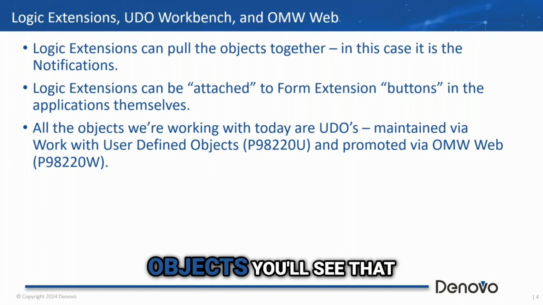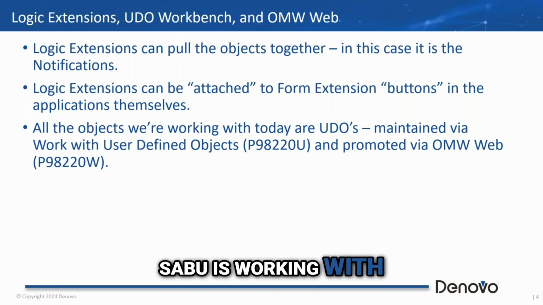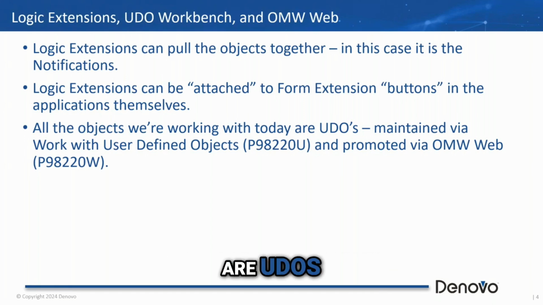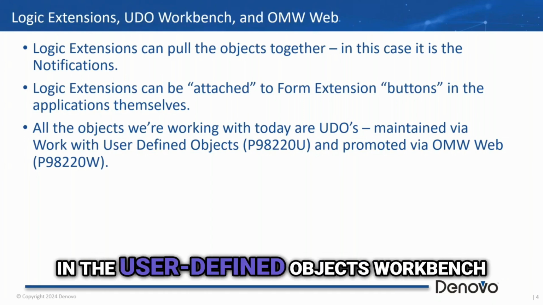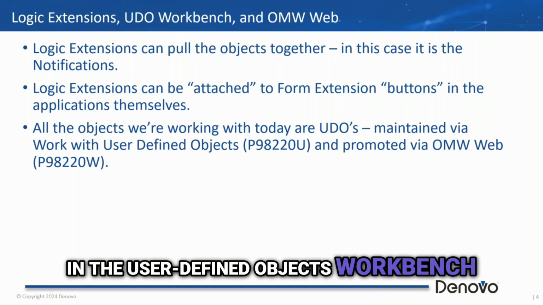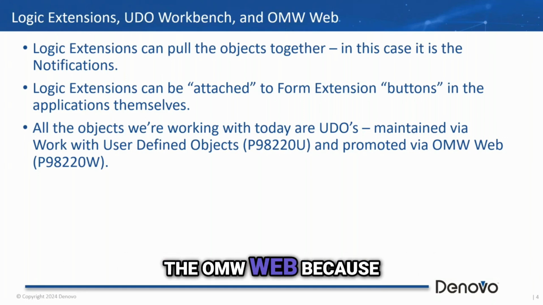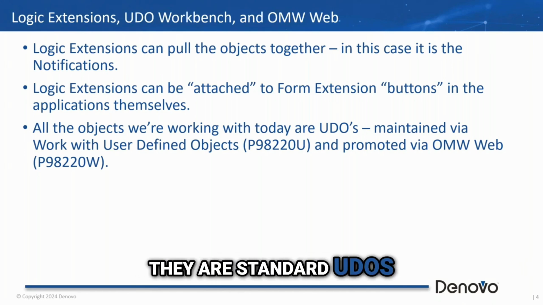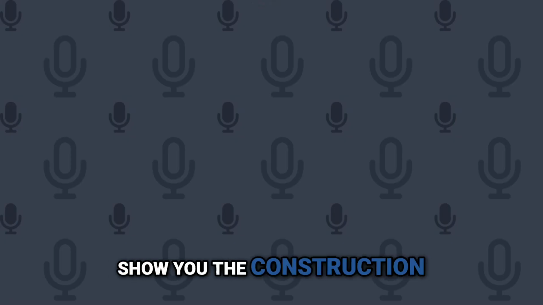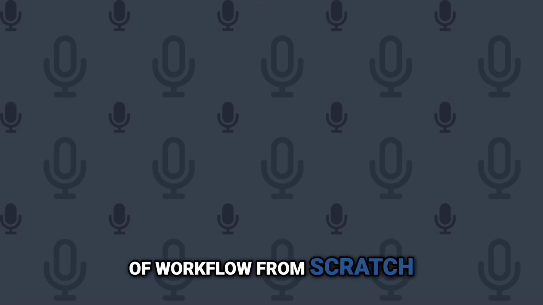And all of these objects you'll see that Sabu is working with are UDOs. So they are maintained in the user-defined objects workbench, and they can be promoted and managed via the OMW web because they are standard UDOs. And now you'll see Sabu show you the construction of a workflow from scratch.